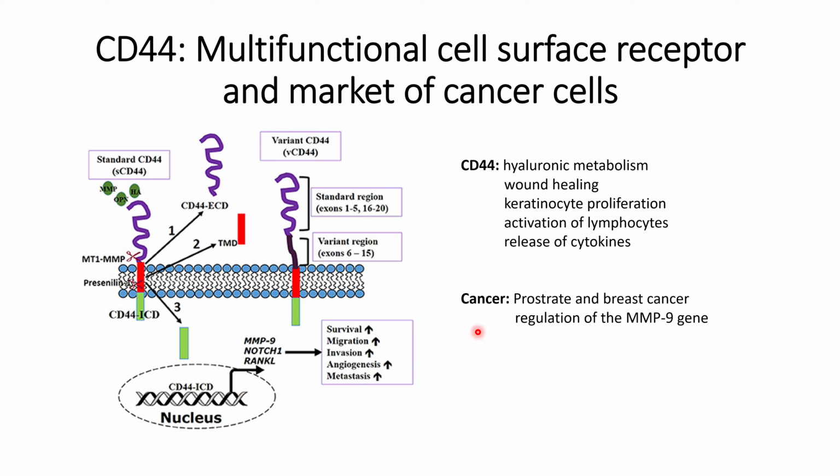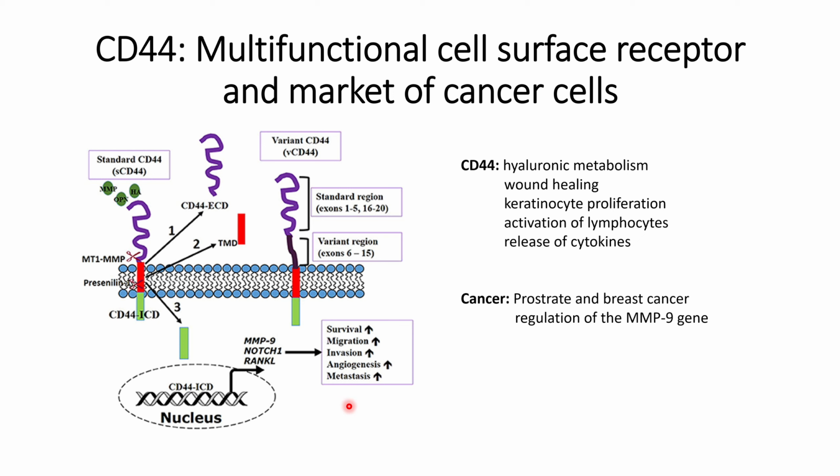For example, in case of prostate and breast cancer, this binding of the intracellular domain along with the transcription factor RUNX helps in the regulation of the MMP9 gene, that is matrix metalloprotease 9, and that contributes towards prostate and breast cancer.